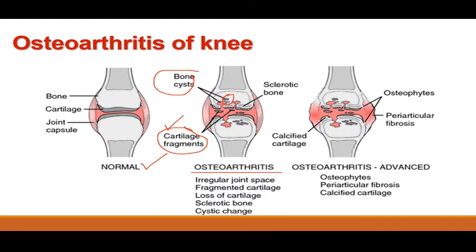This will cause irregular joint space, fragmented cartilage, loss of cartilage, and sclerotic bone and cystic changes. In the third figure, you can see advanced osteoarthritis, in which the cartilage gets calcified and periarticular fibrosis is there, and osteophytes are also very clear in this figure.